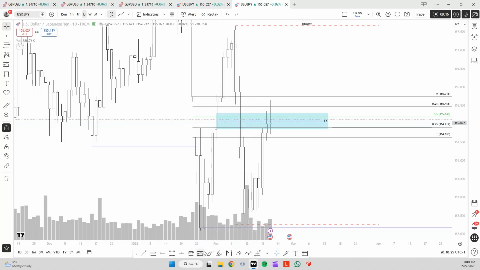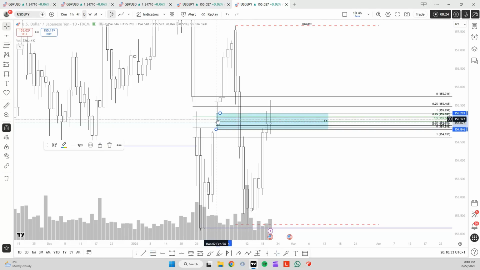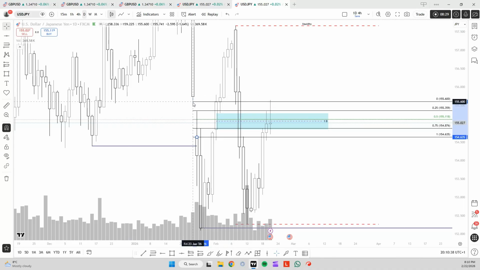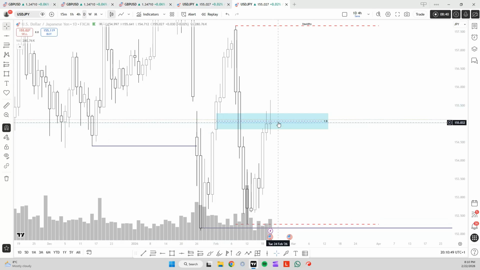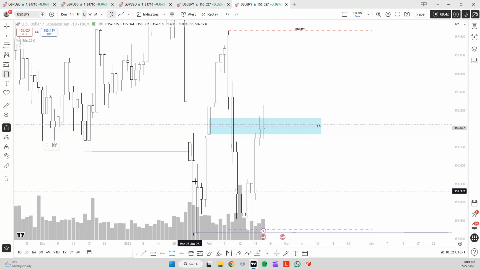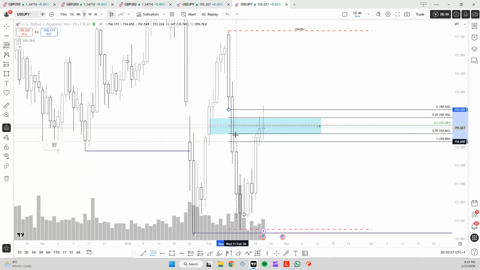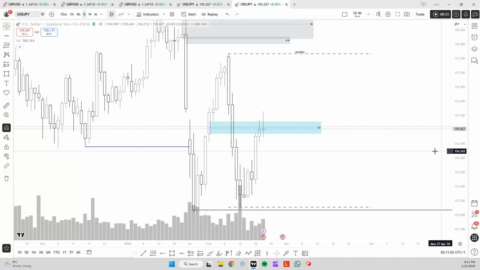Depending on how you are measuring the gap, the 50% either matches with the 75% of the imbalance you can see here, or when you take the gap from the week, it matches very well with the 50% of the imbalance. And then you see that here is a new imbalance which is matching with a 50%. The 50% of both imbalances are matching, just some correlation, and it's making some sense.